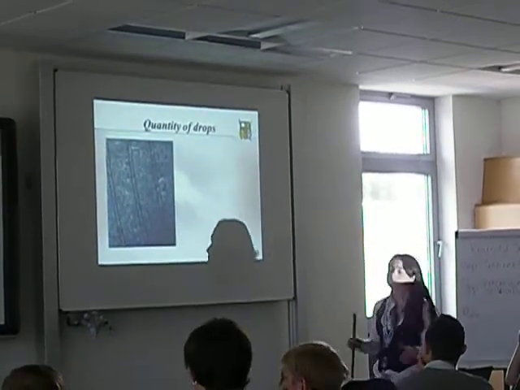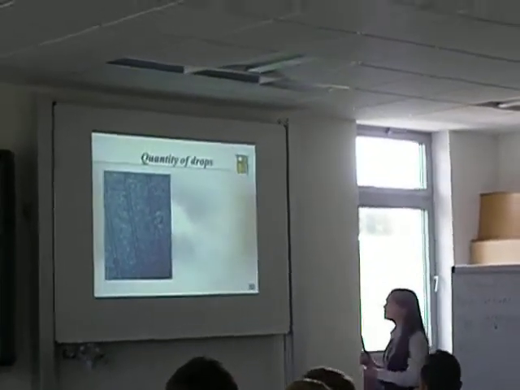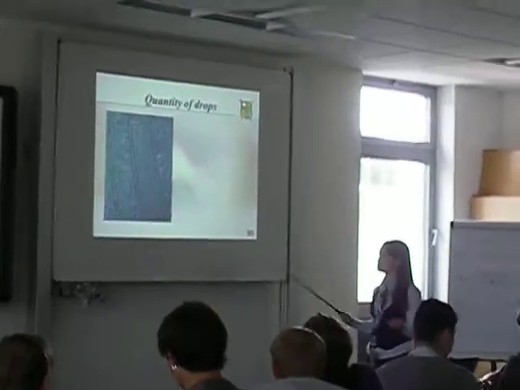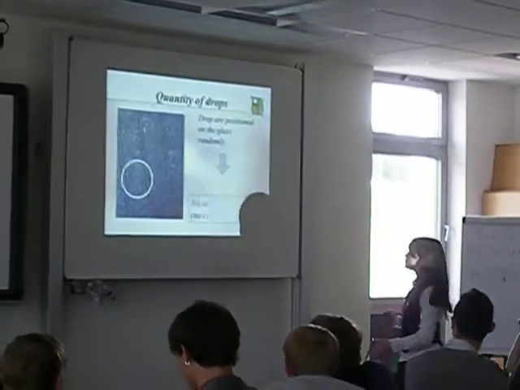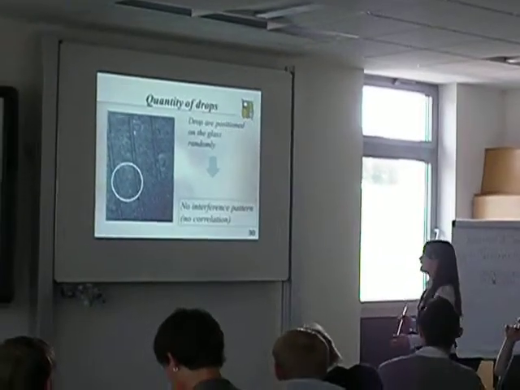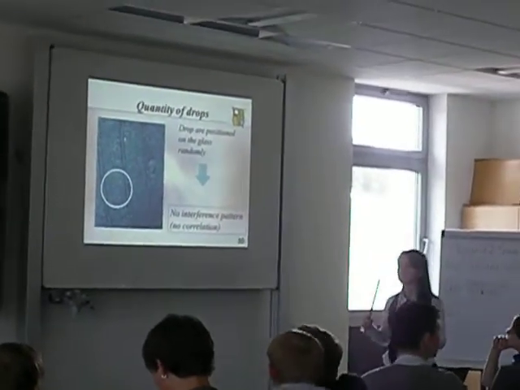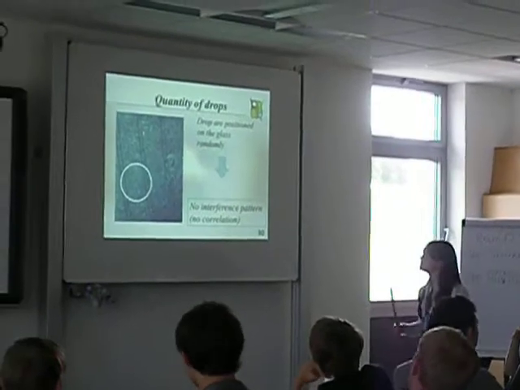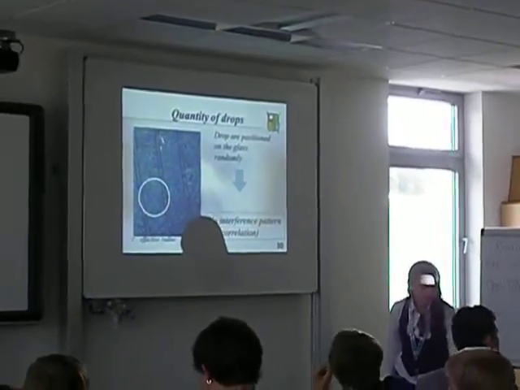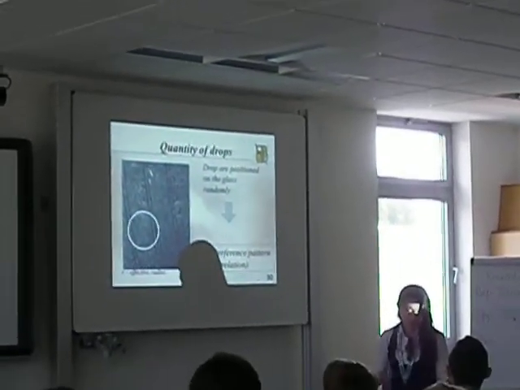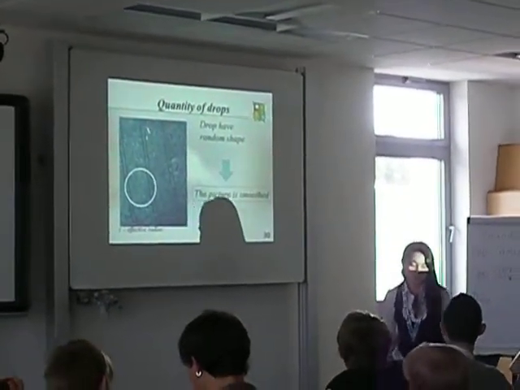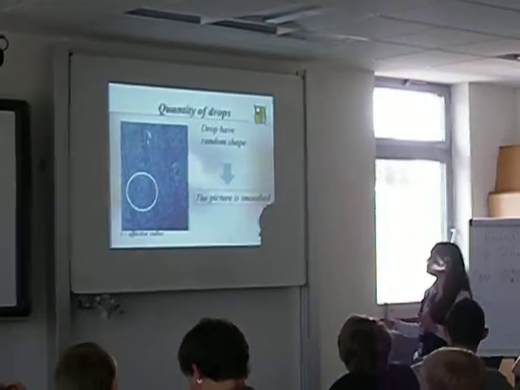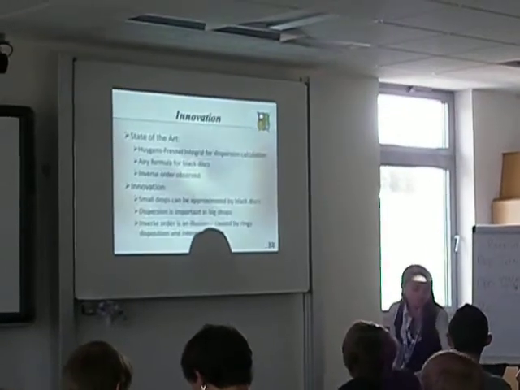And of course we have not one drop on the glass. We have a big quantity of drops. That's why the drop position is random, so we haven't some clear interference picture. That's why we can neglect the interference between different drops, and we have a random shape. That's why our picture is smooth.